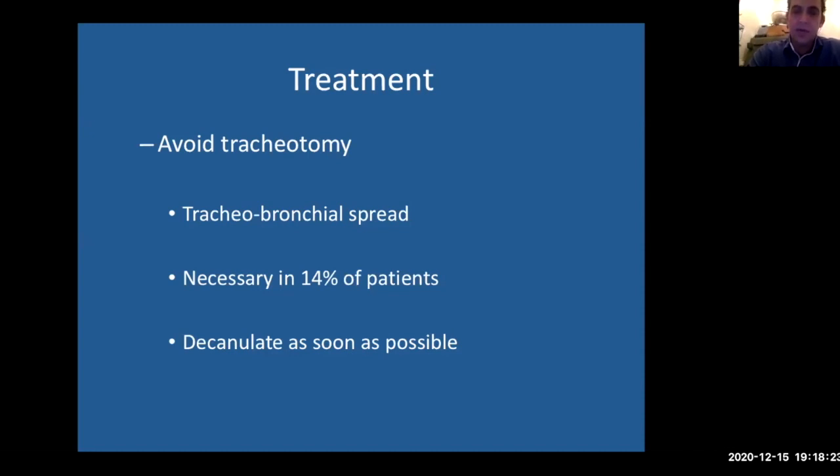It tends to be required in about 14% of patients, probably less now with the techniques that we have in our armory with regards to microdebrider, coblation and also the adjuvant treatment, which I'll go through. When you do perform a tracheostomy, we try and decannulate the patient as soon as possible. And it's a risk-benefit ratio. And if you feel that the papilloma is so fast growing that you can't keep the airway safe, and they're at risk of obstructing, then you get to a point where you'll consider a tracheostomy.